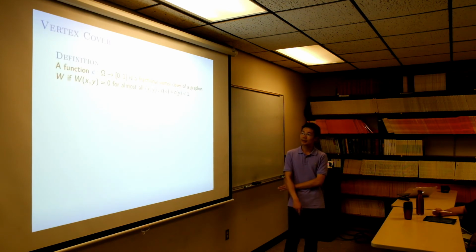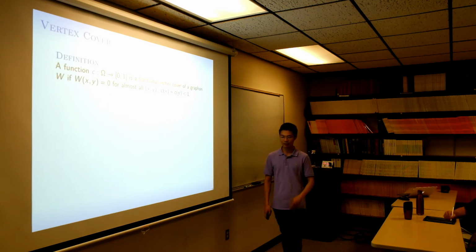And we see here, again, it is a function on the vertex side, which means here you are looking at omega, which is the base set of the graphon, or say [0,1].